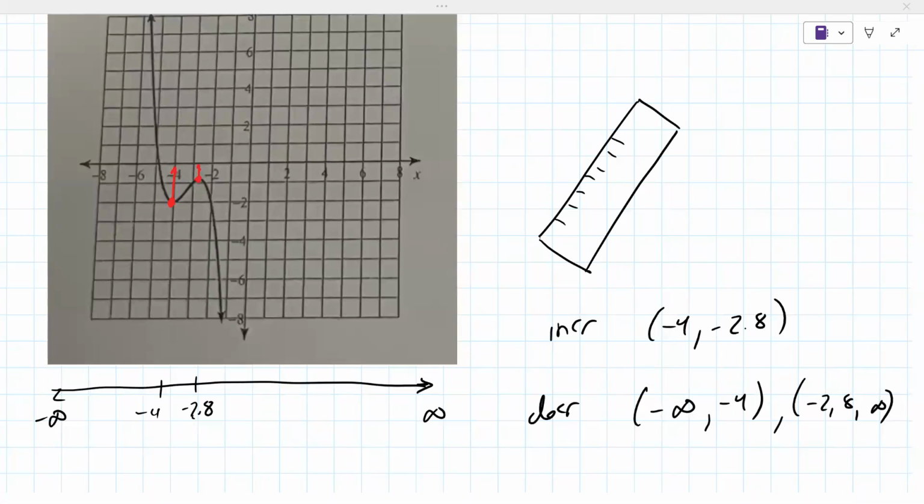All right. You want to try number 6 on your own? Sure.